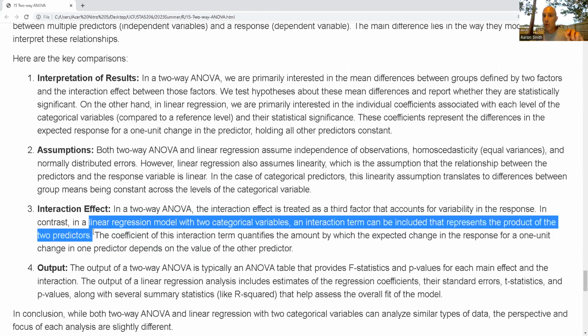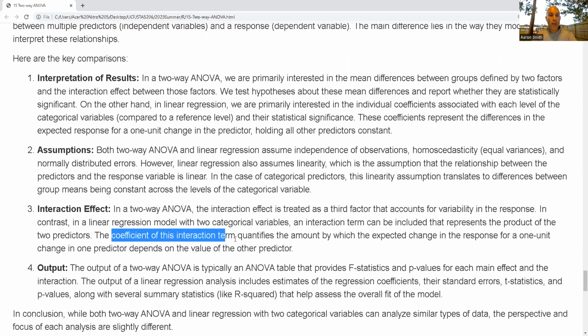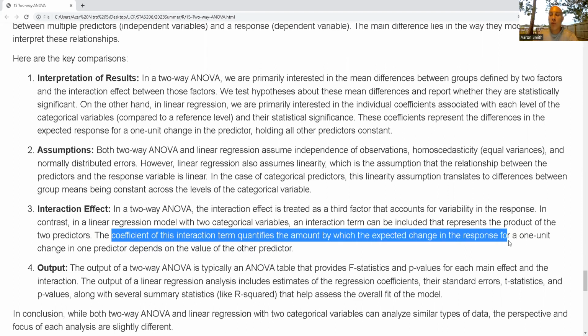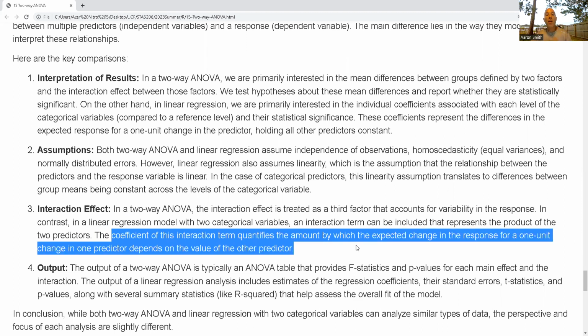So this is where there's a bigger difference between two-way ANOVA and our linear regression approach. The coefficient of this interaction term quantifies the amount by which the expected change in the response from a 1-unit change in one predictor depends on the value of another predictor. This is why I personally like the linear regression approach more than ANOVA, but both are very good.